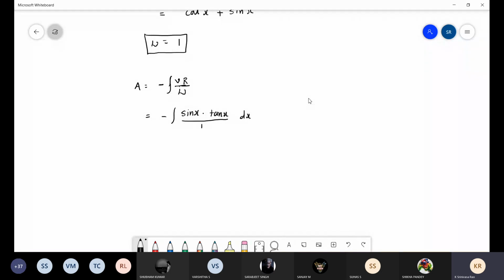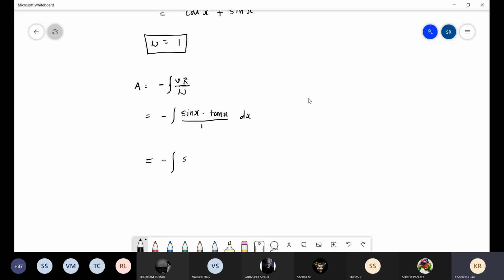Now how to integrate? This topic, integration, will come. And one more thing: either one will be simple and the other a little bit complicated. If A is complicated, B will definitely be easy, or if A is simple, then B will be a little complicated.